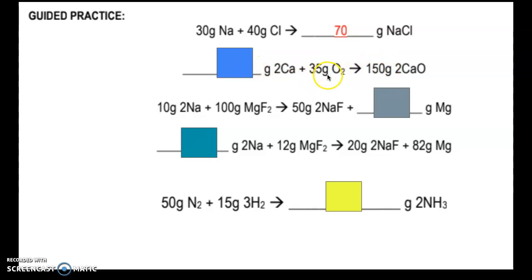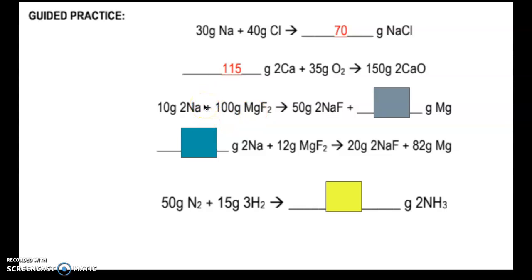We know that 35 grams of those comes from oxygen, so we must take 150 minus 35, which equals 115. So we should have 115 grams of calcium. 115 plus 35 equals our 150 grams of calcium oxide.